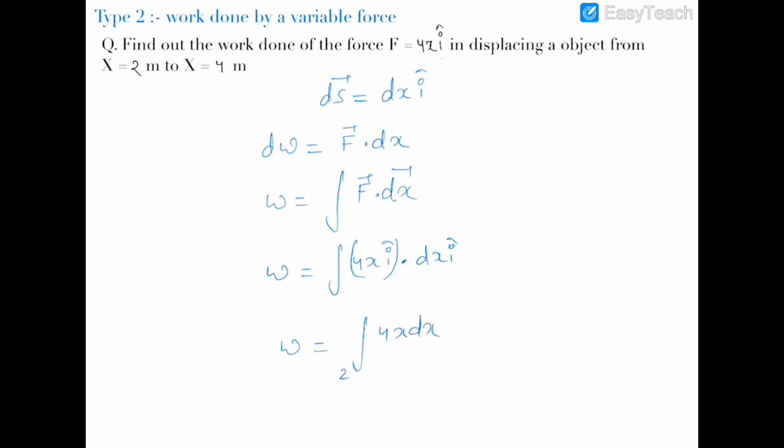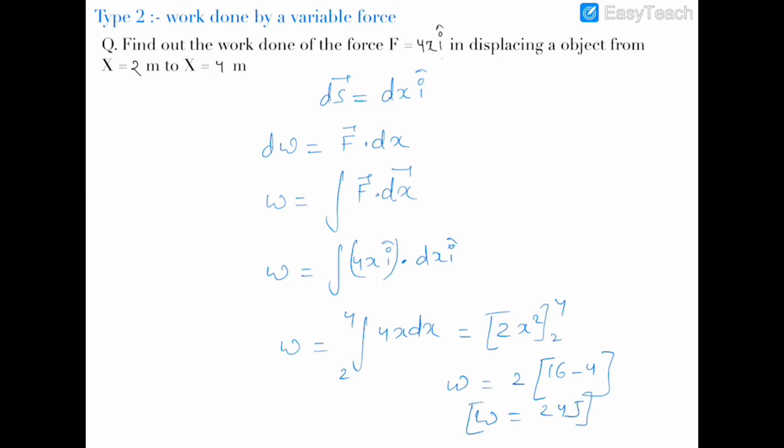Integrating from limit 2 to 4, x dx integration is x square by 2, so it would be 2x square integrating from 2 to 4. So work done will be equal to 2 times (4 square is 16 minus 4). Now work done will be 24 joules.